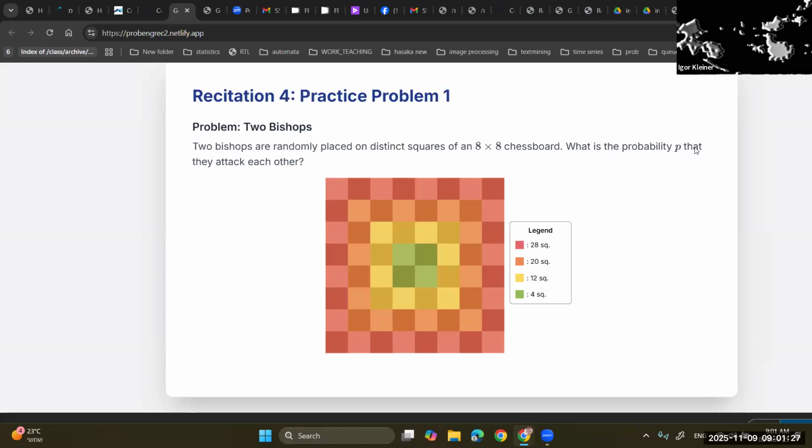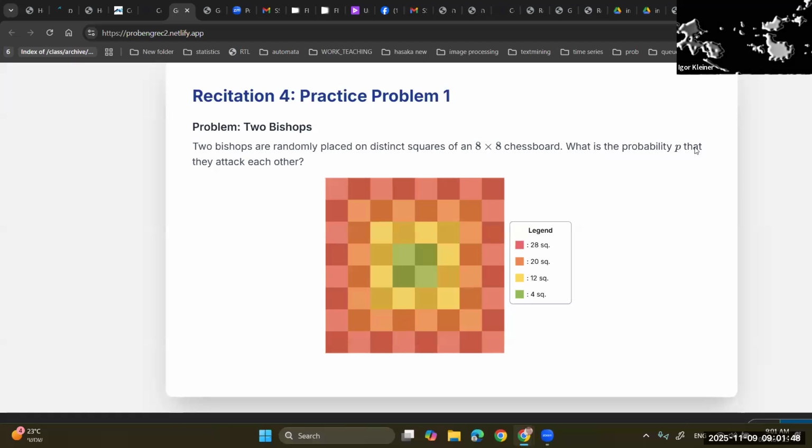There are 63 points for the second bishop, and the first bishop only attacks 7 points. So it's 7 divided by 63. What is the probability of H1? What is the probability that the first bishop will stay on one of these squares?